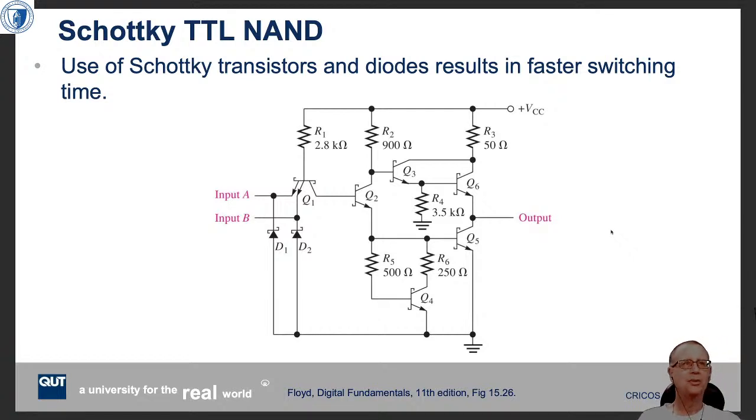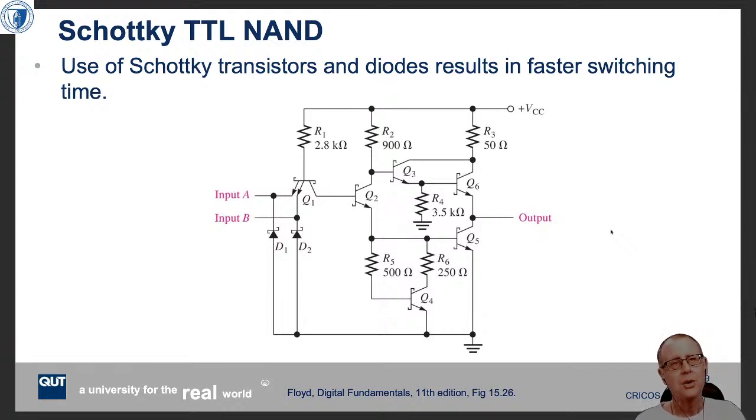So a lot of the devices we work with in the lab are 74LS devices, and LS stands for low-powered Schottky, right? And the Schottky piece of that is that those devices use Schottky transistors and Schottky diodes on the input, and you can see that here.